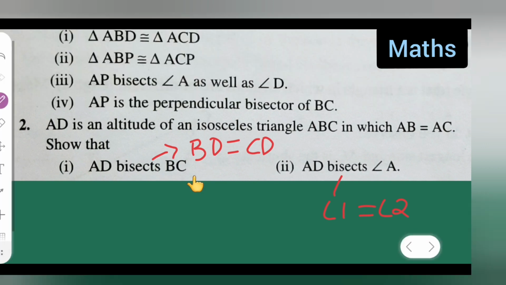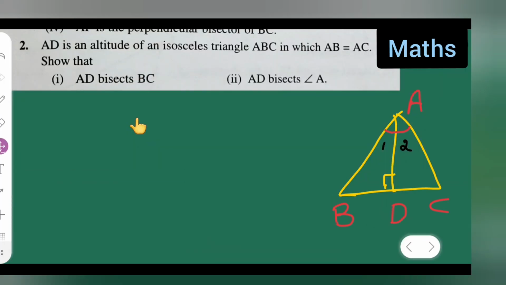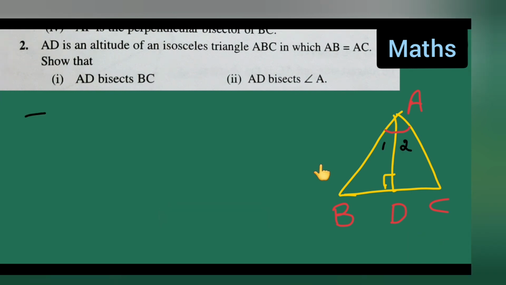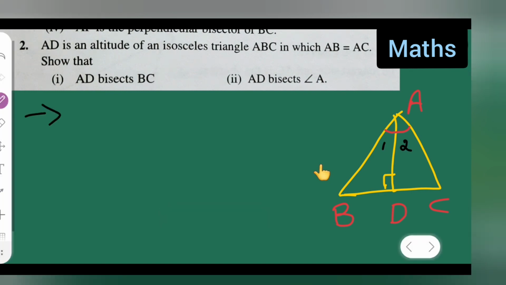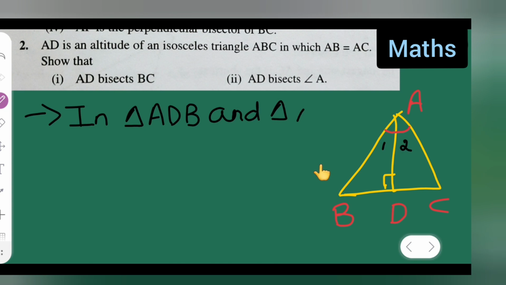So let us see this part. Let me clear this part. First, I'll take down the question. So what I have to show is that this AD is bisecting this BC. First, I can take down in triangle ADB and triangle ADC.